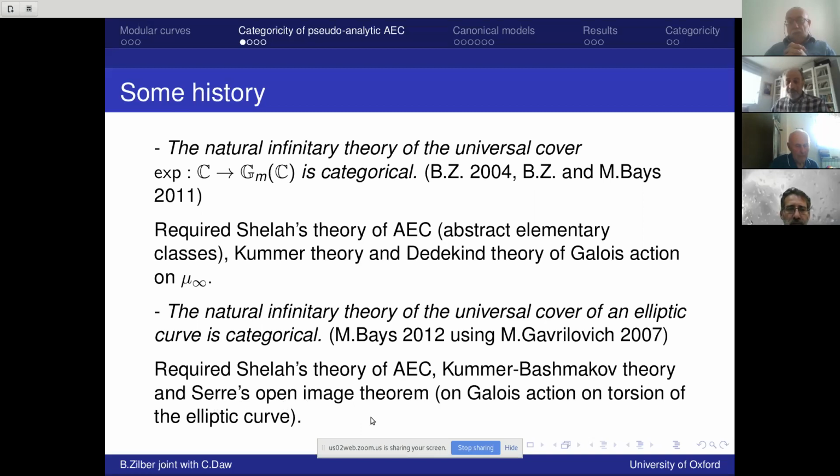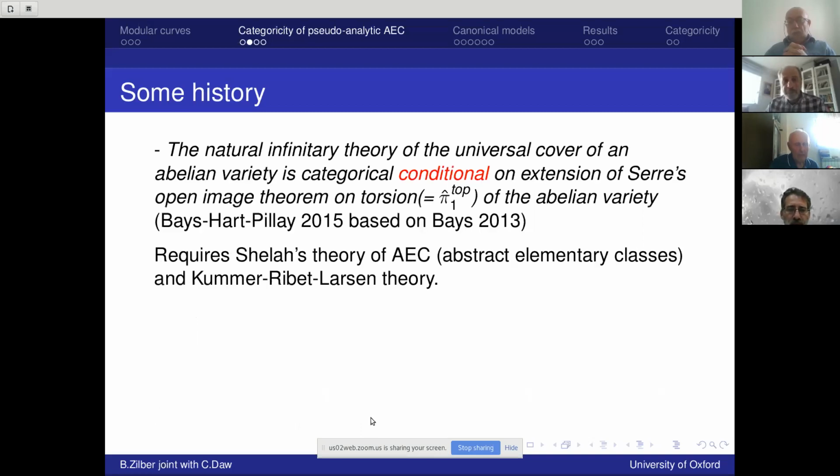And the extension of this theorem, for example to abelian varieties, is unknown. It's still an open question, and that's why some attempts to carry on this project for abelian varieties got stuck at this level, and it is only proved conditionally.